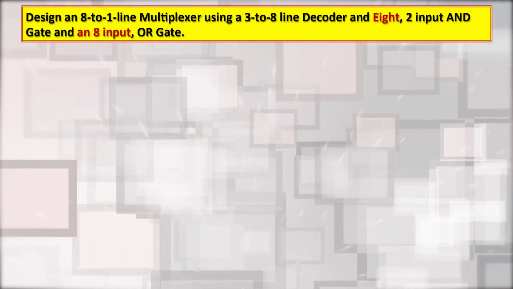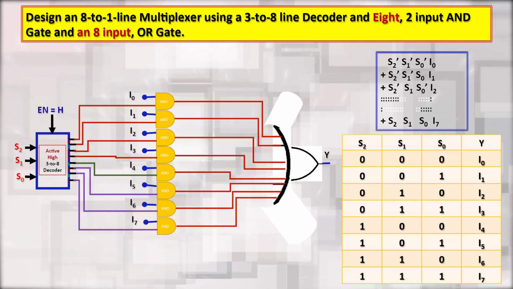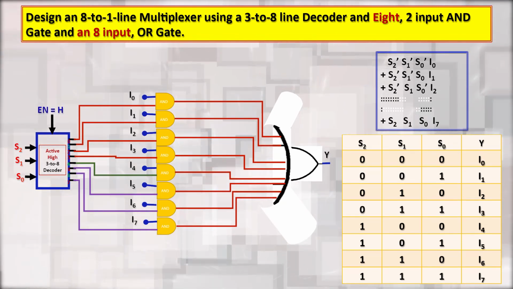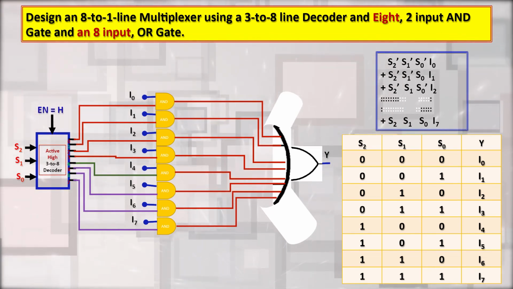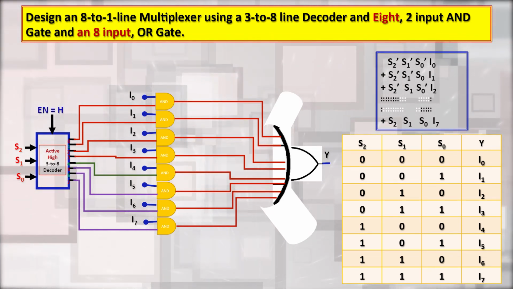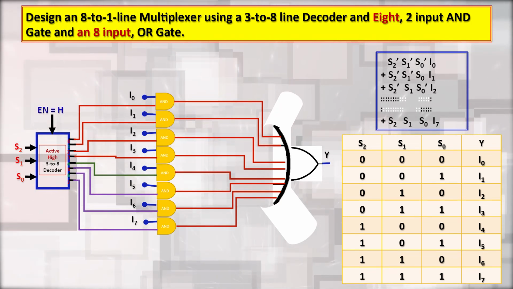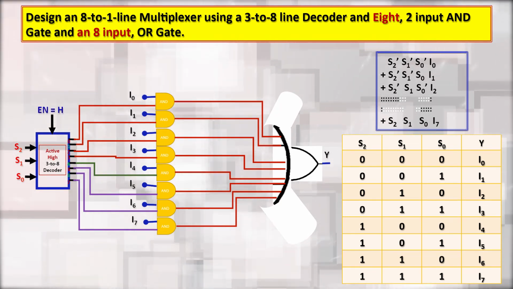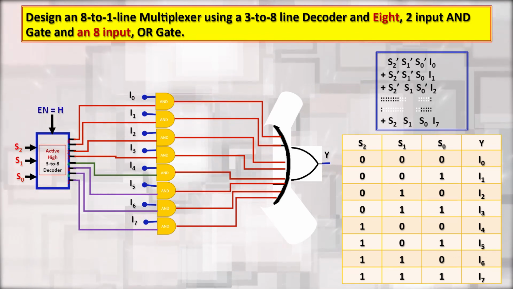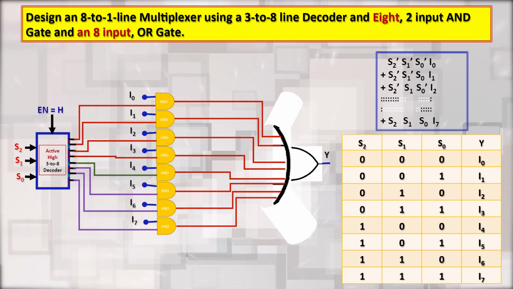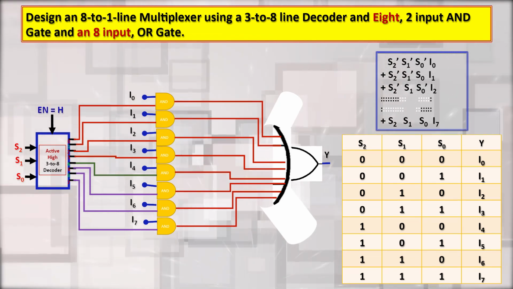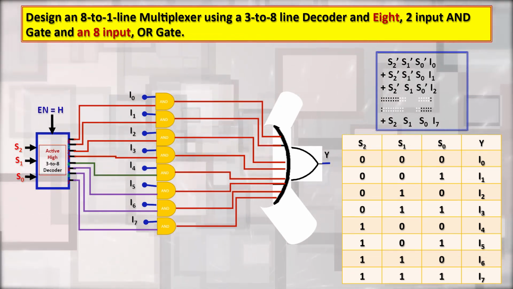Now, we will see the 8 to 1 mux using a 3 to 8 decoder. In case of a mux we need select lines, so for an 8 to 1 mux we have 3 select lines. Let us say these select lines are S0, S1 and S2; they are connected to the input of the 3 to 8 decoder, and enable is kept at high.